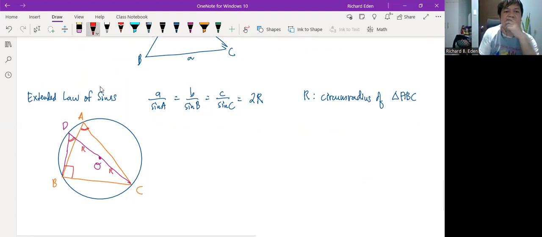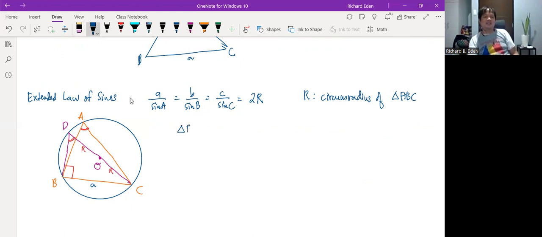So from the right triangle BDC, by the definition of sine, sine of angle BDC is equal to a over 2R.